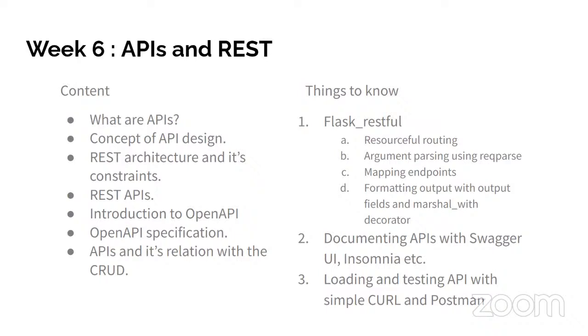You should be able to use fields: how you create fields that are useful to you, and how you marshal them with a particular controller, a particular method in your API class. This is something you should know with Flask RESTful. Apart from this, it is up to you to what extent you want to go, but this is the minimum required that one might expect when you say, okay, I know Flask RESTful.